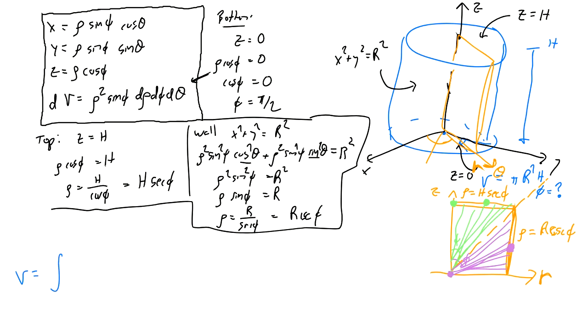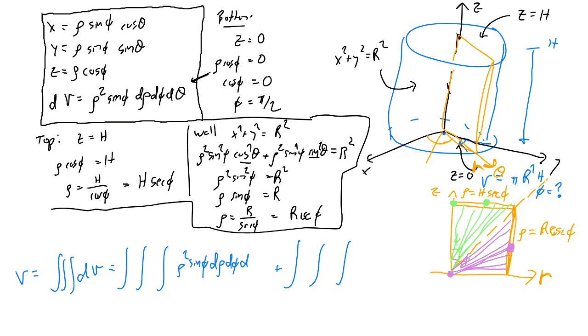So the volume is the triple integral of dV. Let's split this up into two separate integrals. dV is rho squared sine phi d rho d phi d theta.